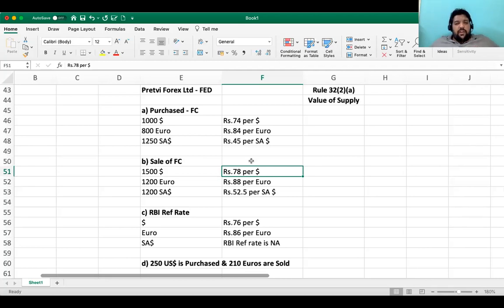So for dollars, what is your value of supply? Euro, what is your value of supply? And last line item, what is the value of supply? If your friend can do it virtually, you can also do. Already I have received 2 answers. Both the answers are right.